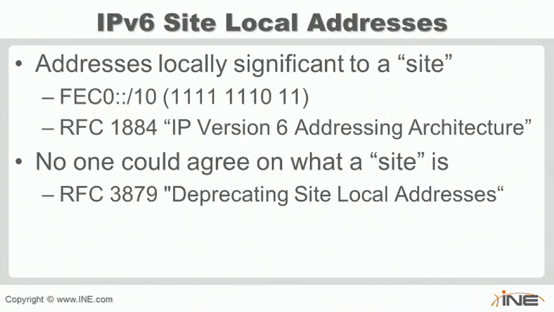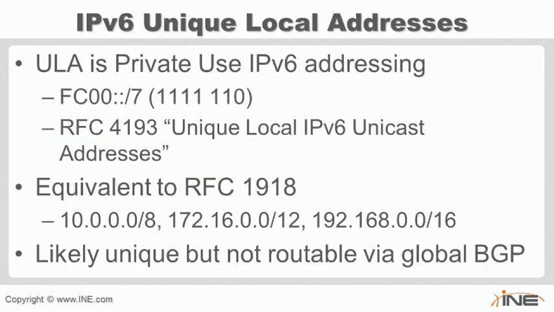Essentially, they are then replaced by what's now known as the unique local addresses. So the unique locals, or the ULAs, these are the equivalent of the private use addresses for IPv4, which is the 10 network, the 172.16, and the 192.168. These start in the FC00::/7 range.